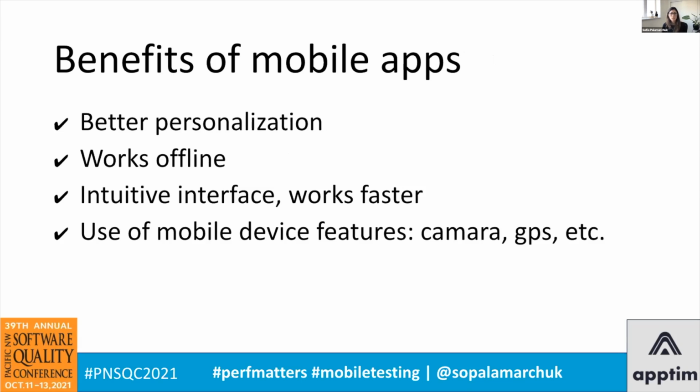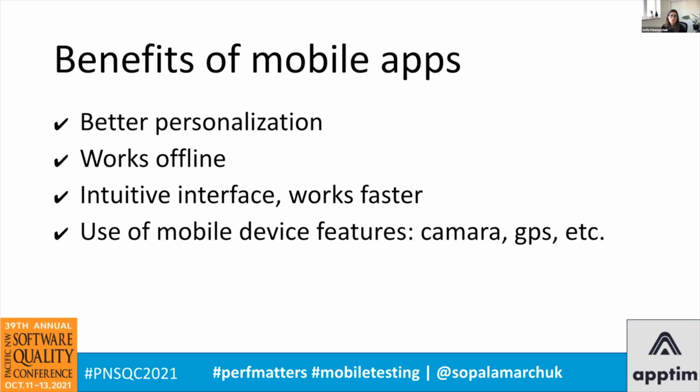When it comes to mobile apps, I'm talking here about native mobile apps. They offer more interactive ways to engage with users, as I mentioned, better personalization. One of the benefits is that it works offline, so you can still provide users with content, even if they don't have an internet connection at some point.